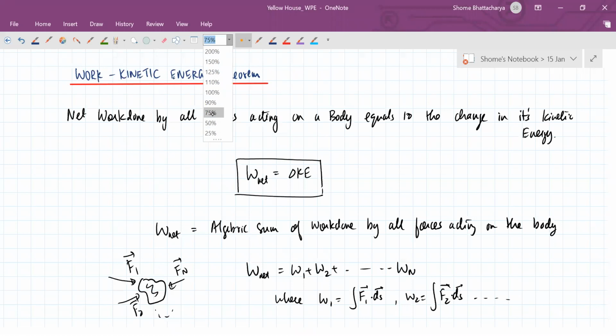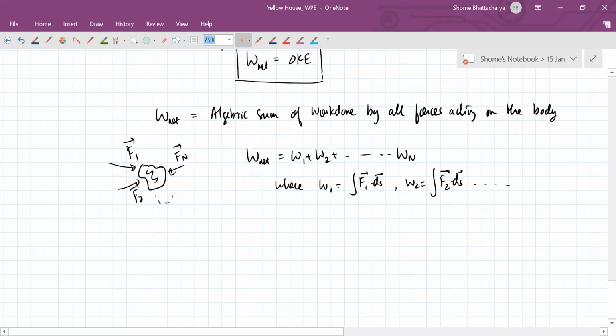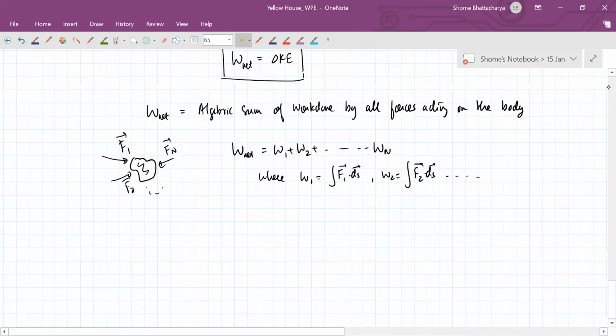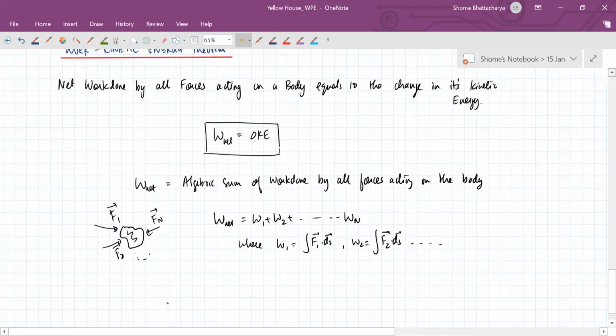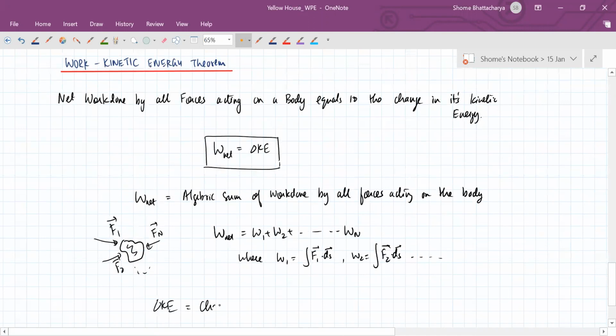And on the right hand side, the change in kinetic energy will be defined as the final kinetic energy minus initial kinetic energy. Which will become half mv square minus half mu square, where v is final speed and u is the initial speed.